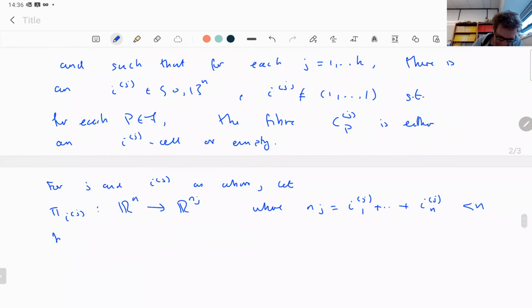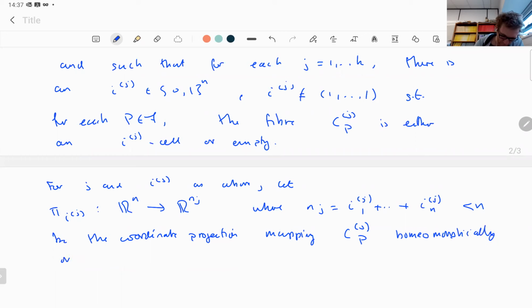Be the coordinate projection mapping C_JP homeomorphically onto its image.